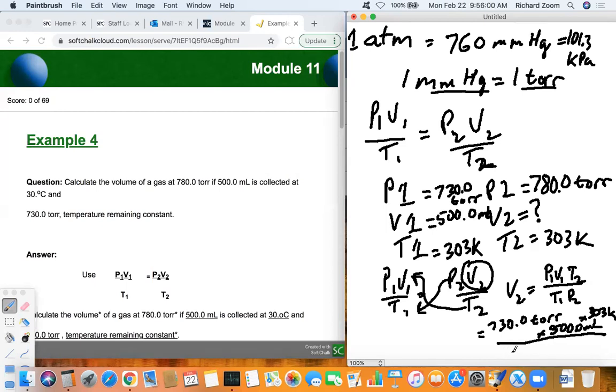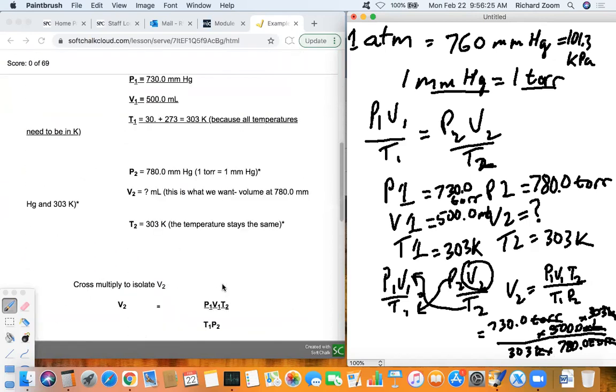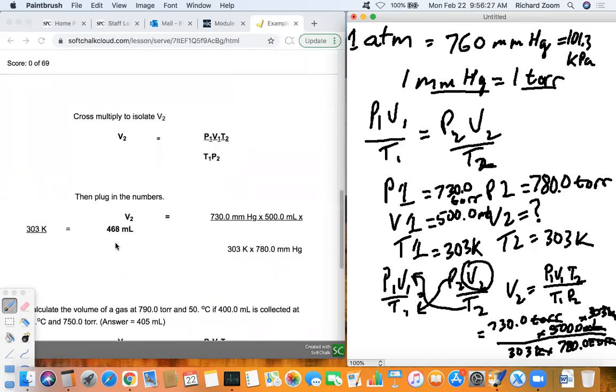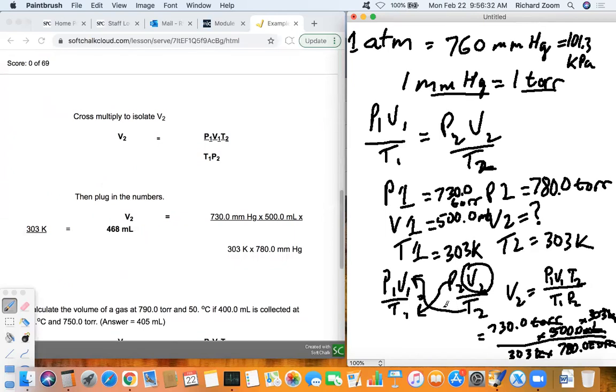And that's over T1, P2, 303 K times 780.0 torr. So what you'll notice, and the reason I did this was so you could see all the units cancel, and we're just left with milliliters, which is what we wanted in the first place. So if we do all that, we come up with the new volume as being 468 mils. Does anybody have any questions?